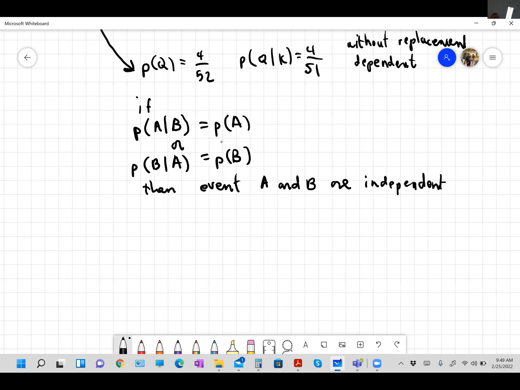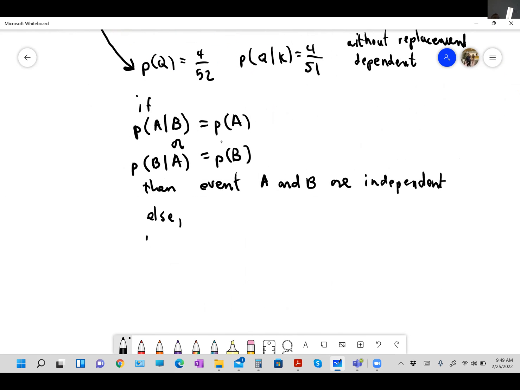Else the events would be dependent. So now we establish when events are independent or dependent. Fair enough? Make sense? Yes, sir.